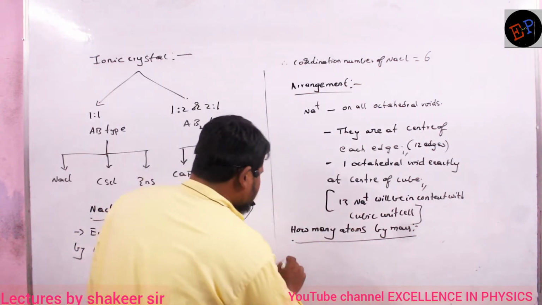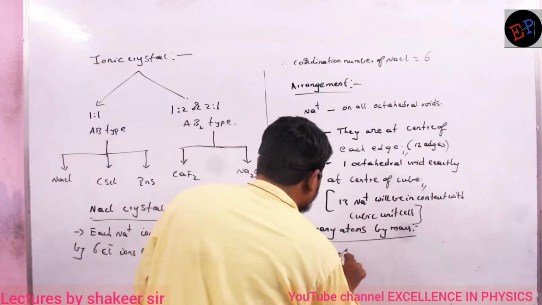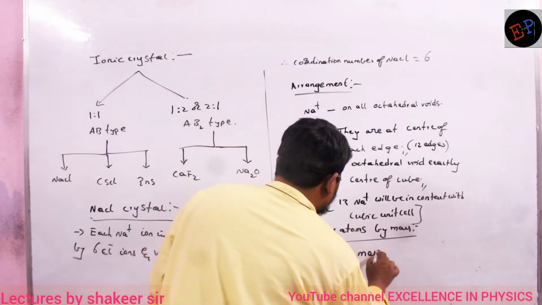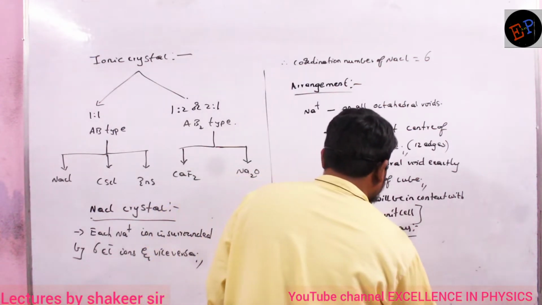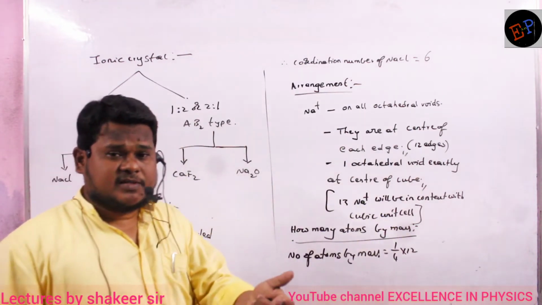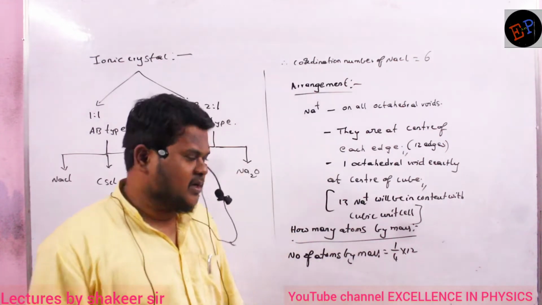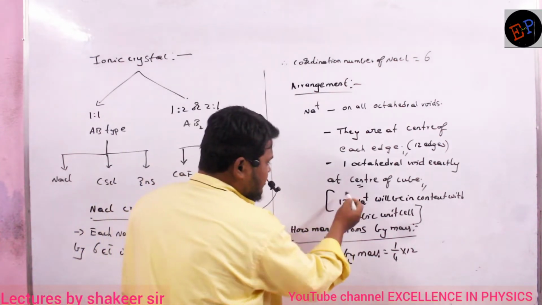Clear, no? So therefore, number of atoms by mass is how much? The contribution is 1 by 4 multiplied by 12, because 12 edges will be there, and on each edge there will be one Na plus ion. And at the center also there is an ion, no?